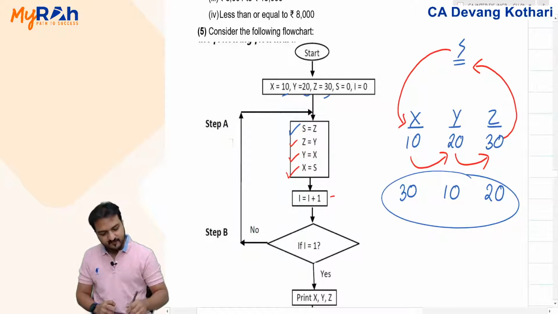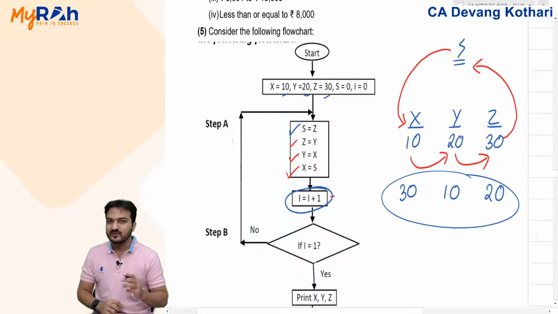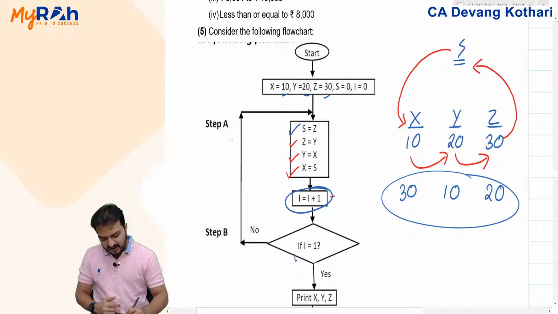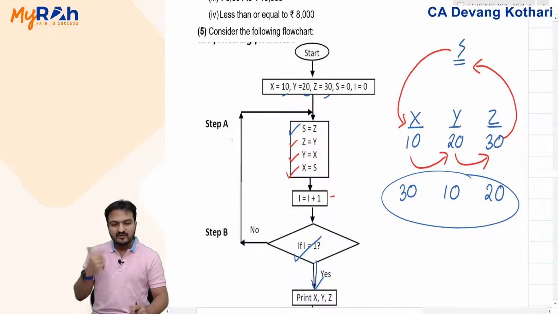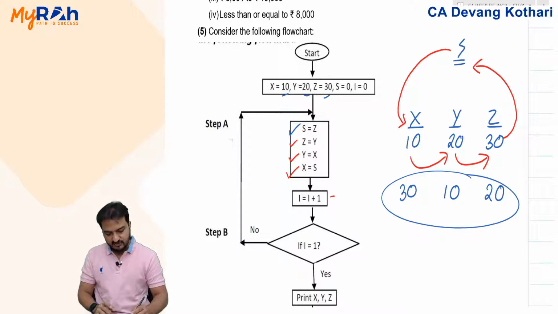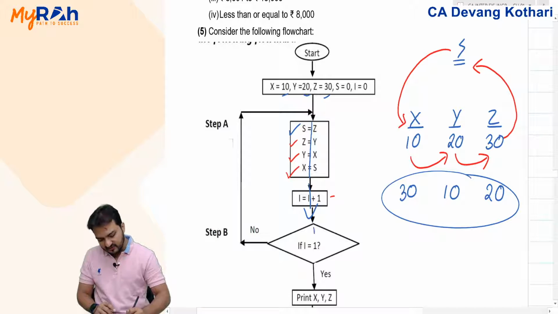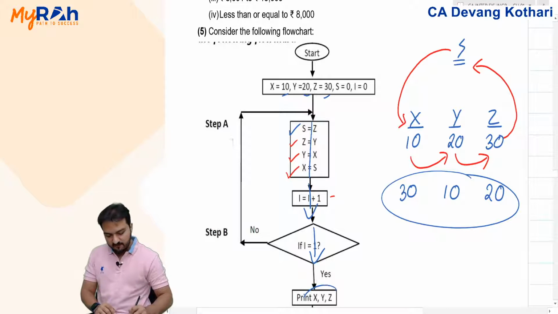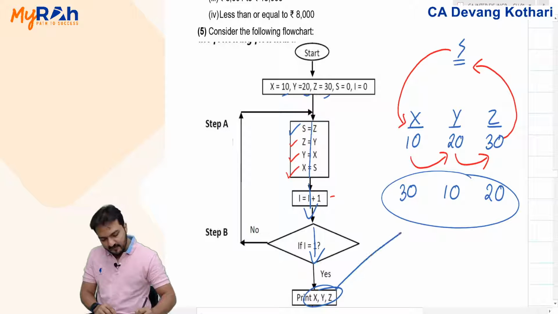And as per the flowchart given here, you see that they are checking I equals I plus 1, which is like a counter, and they are checking if I equals 1 then come out, meaning they are doing this flowchart only for one circulation. If this is done only for one circulation and after one circulation you print the answer, what will be printed is this answer.